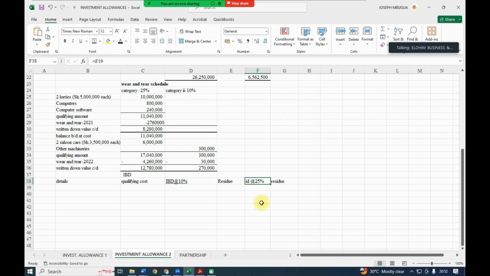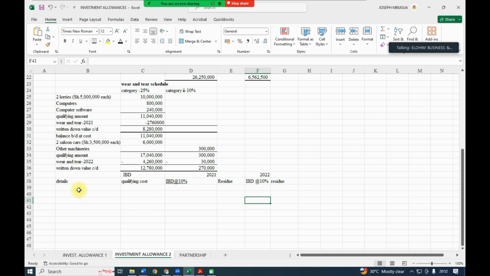So we shall have IBD. This one will be for 2021. This one will be for 2022. So this one shall have IBD at 10%.